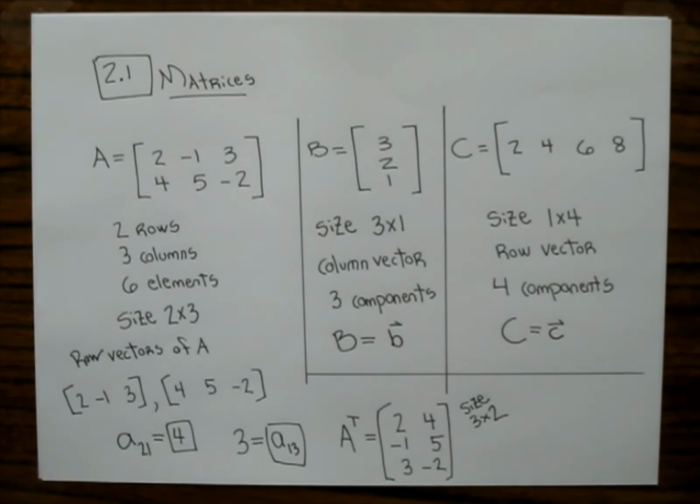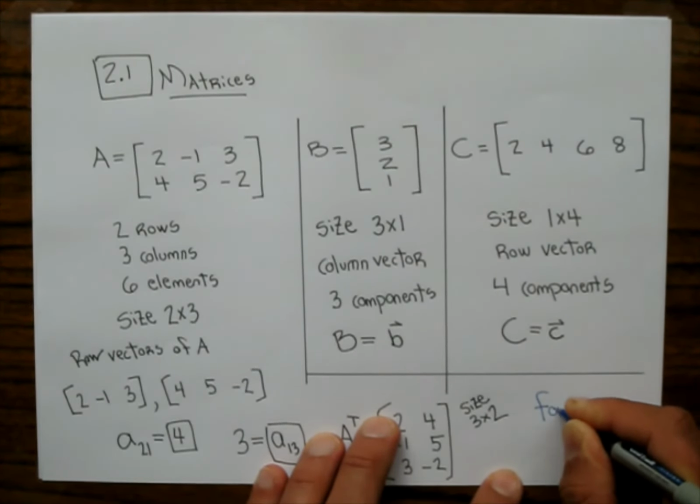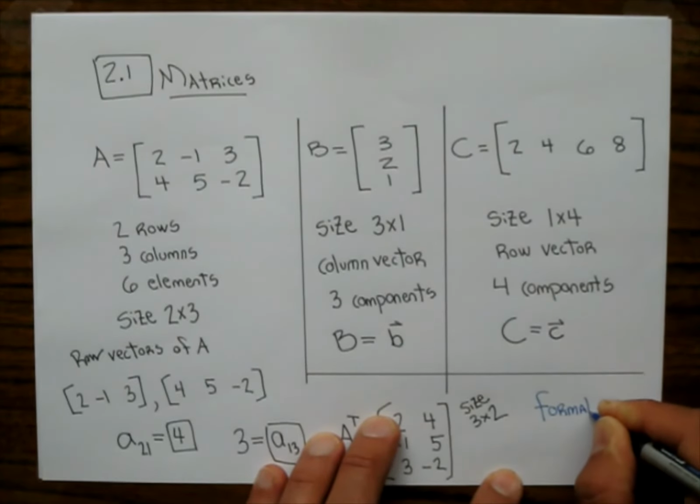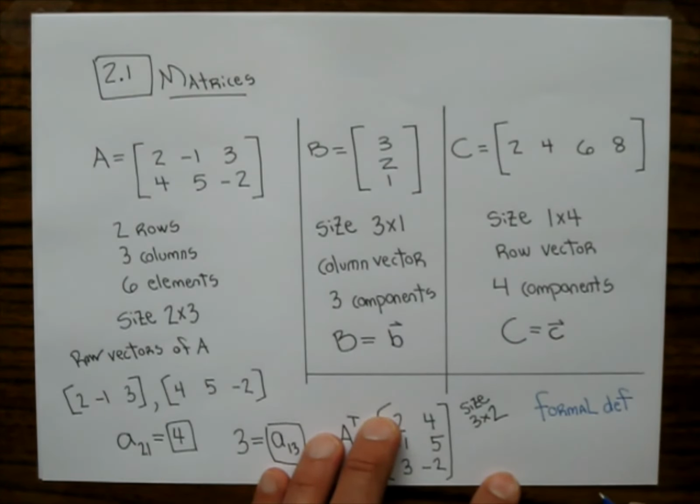Now, the formal definition, you don't have to really worry about this. If you were taking linear algebra designed for math majors, this is how they would define the transpose. They wouldn't say, or a lot of books wouldn't say, it's formed by writing the columns as rows.